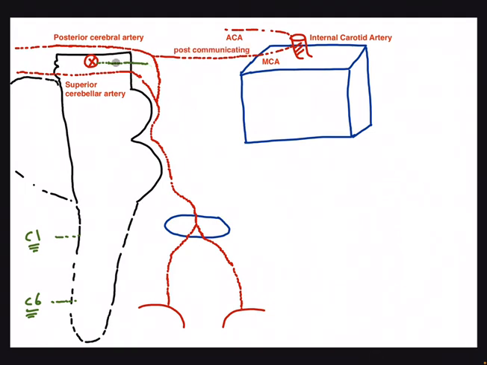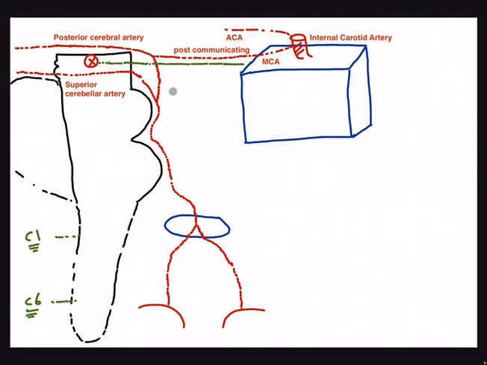When the oculomotor nerve leaves the midbrain and enters into the interpeduncular fossa, it enters below the posterior cerebral artery and above the superior cerebellar artery, and it moves parallel to the posterior communicating artery. That's why posterior communicating artery aneurysm is one of the well-known mechanisms leading to oculomotor nerve dysfunction.